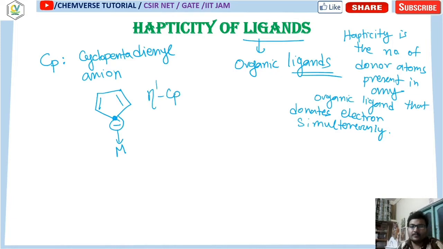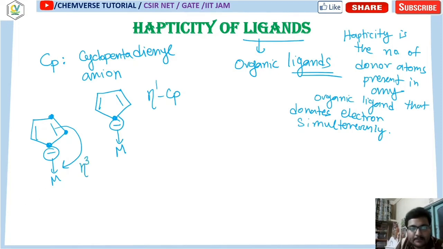It has hapticity 1. There is another possibility. This is a cyclopentadienyl Cp ligand. The possibility is that this will donate electrons and this pi bond will also donate. Once that pi bond is involved in ligand formation, you can see these three centers are donating, so it turns into hapto 3 Cp.